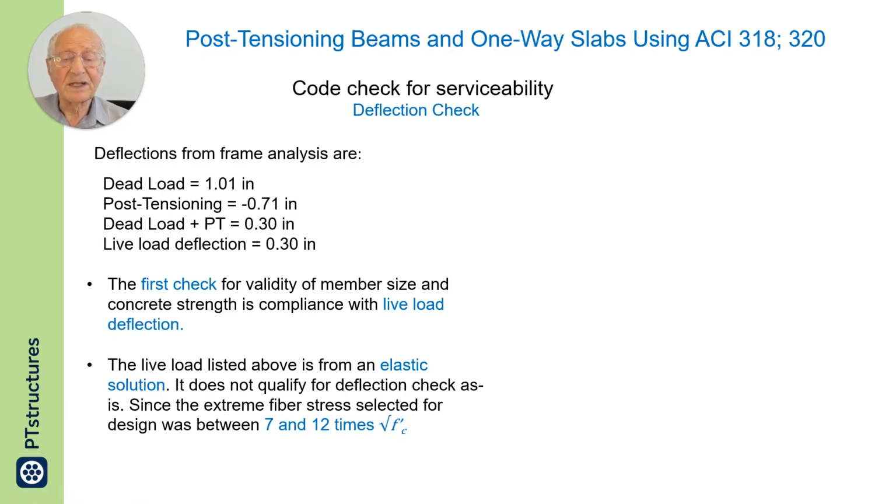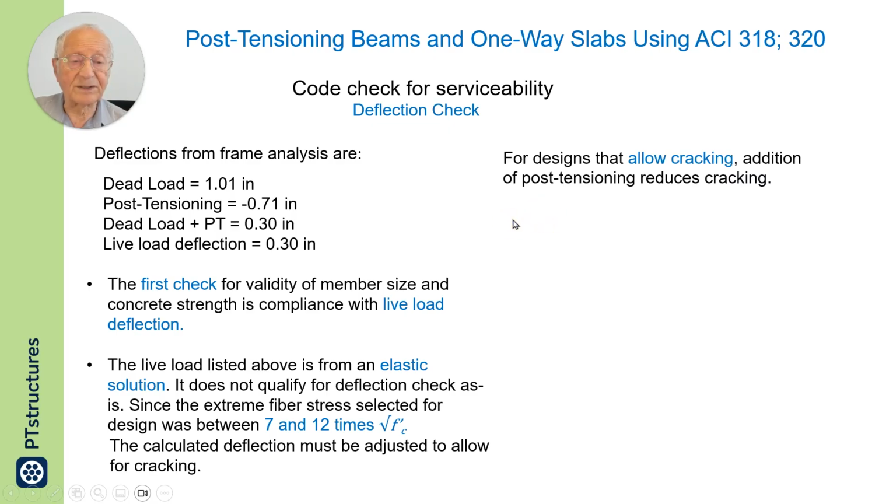So the procedure is simple. We first calculate the deflection for this transition condition as if the member is not cracked, and then magnify the deflection by a coefficient which depends on the anticipated amount of cracking and its impact on the calculated deflection.